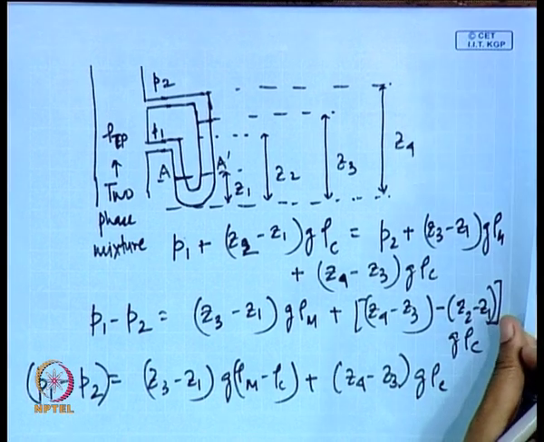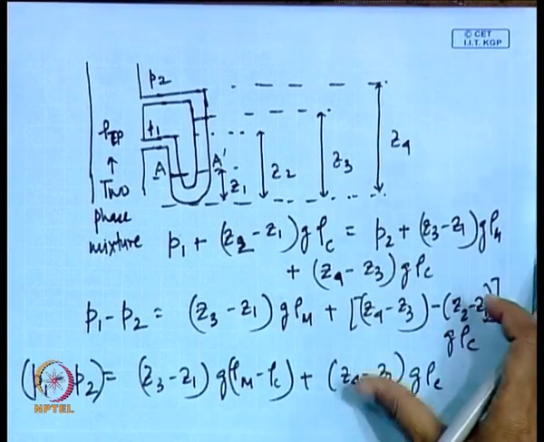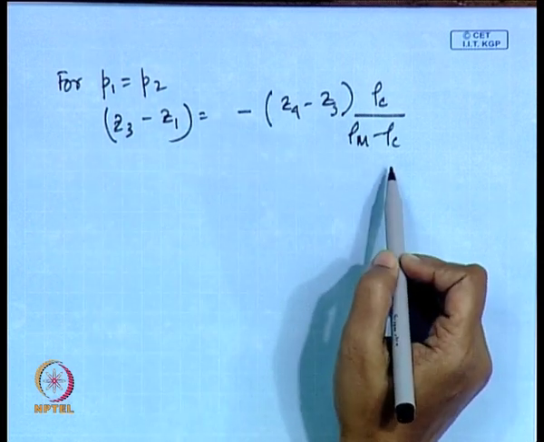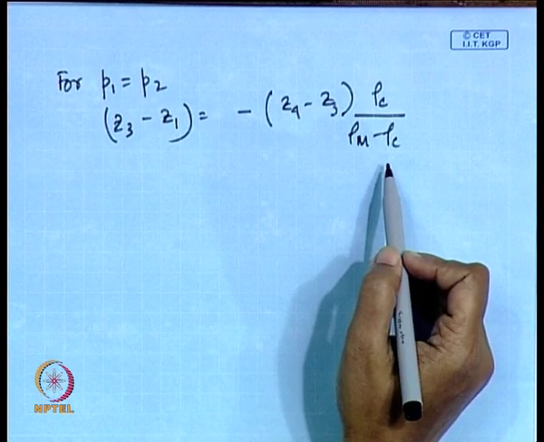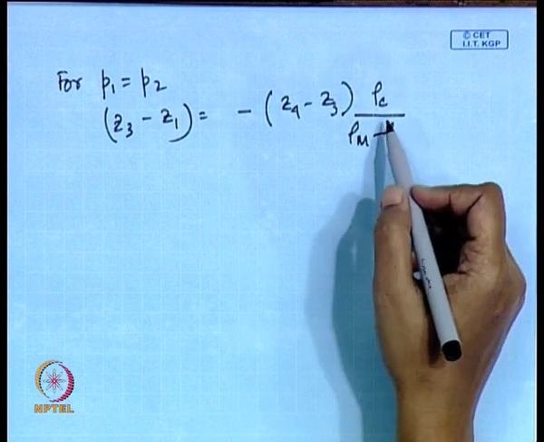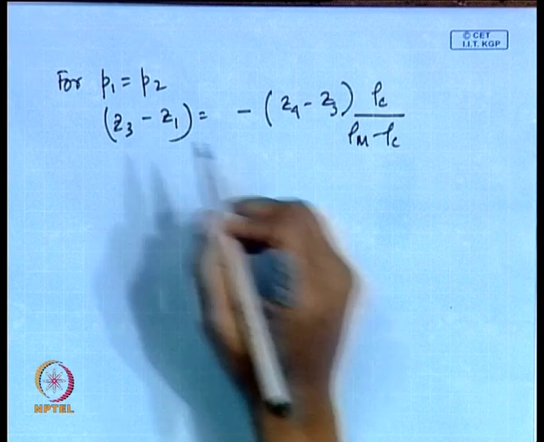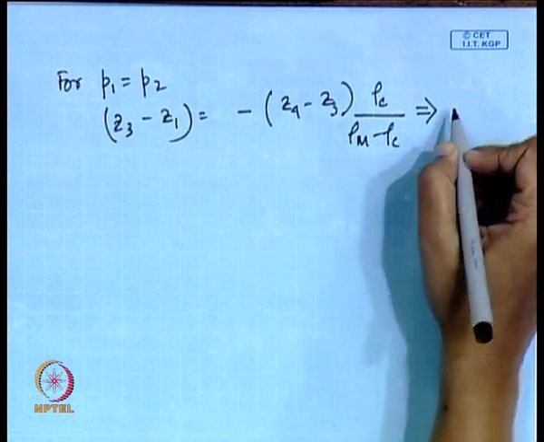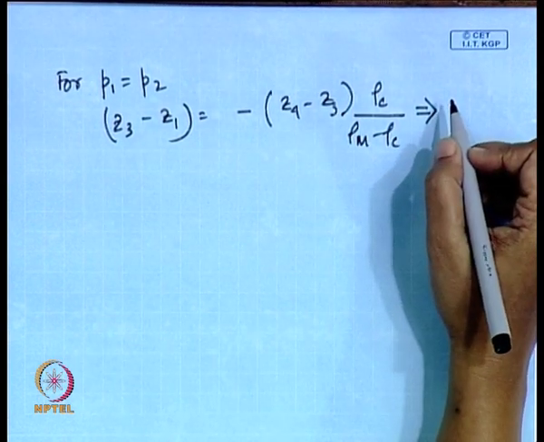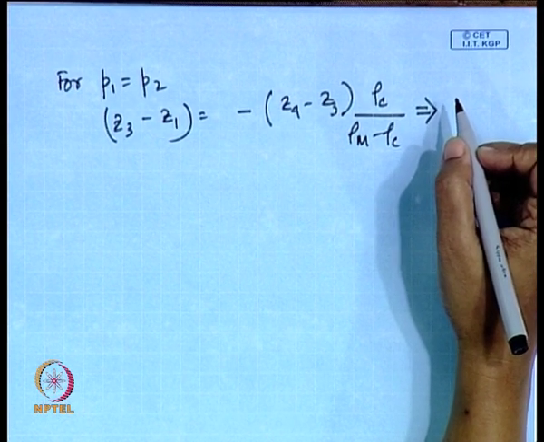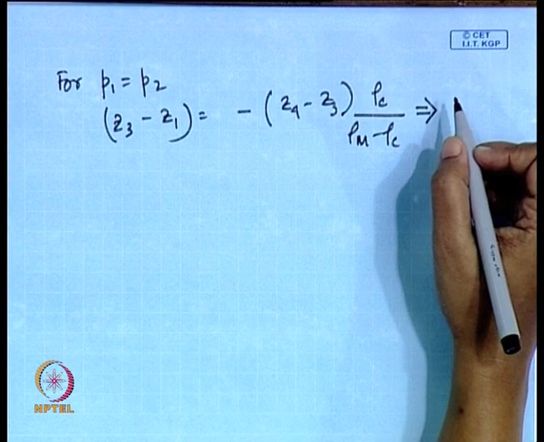It is something very common that you have seen, but from the force balance you find that Z3 minus Z1 does have a value. And this particular value, when P1 equals P2, the difference which you find, Z3 minus Z1, any idea what this is called? For equal pressures, the difference which has to be considered when you are measuring pressure drop, what is this called?